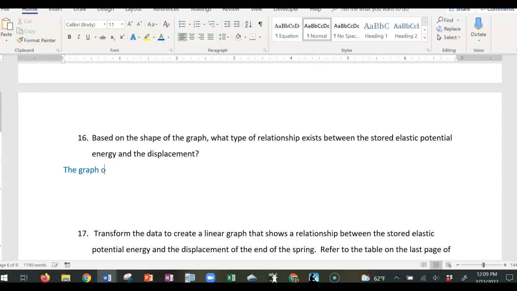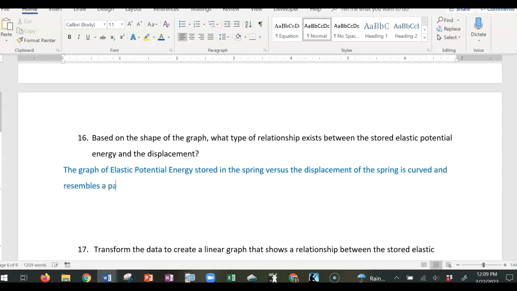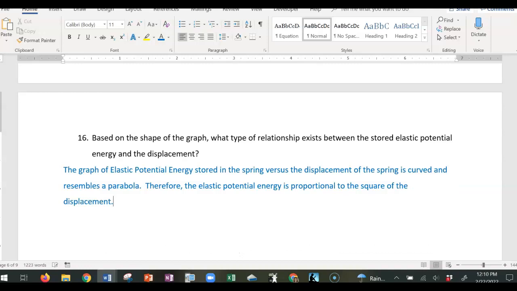the graph of elastic potential energy stored in the spring versus the displacement of the spring is curved and resembles a parabola. Therefore, the elastic potential energy is proportional to the square of the displacement.